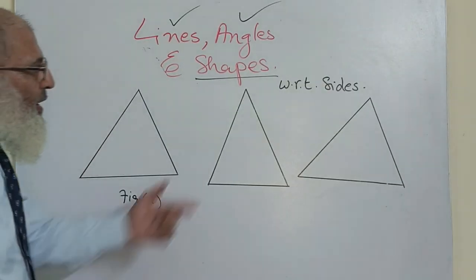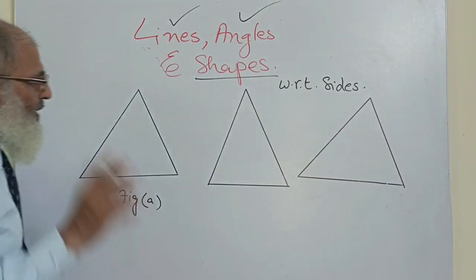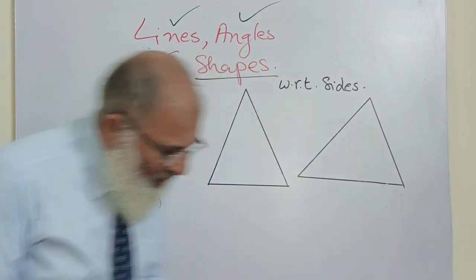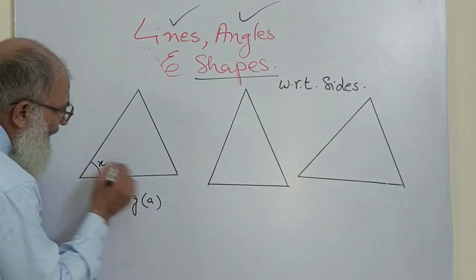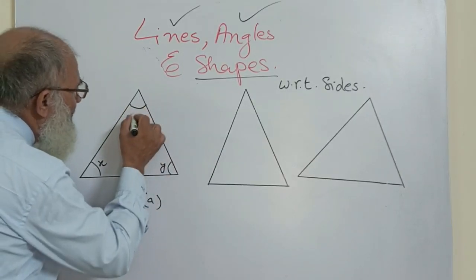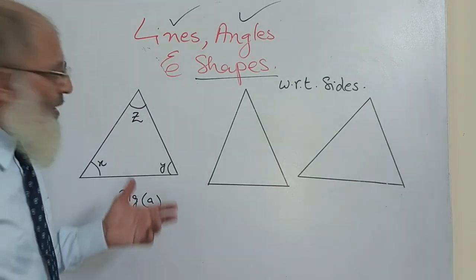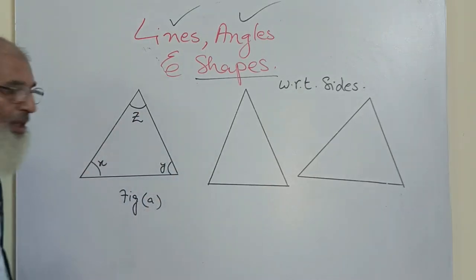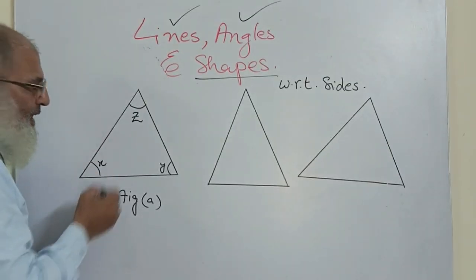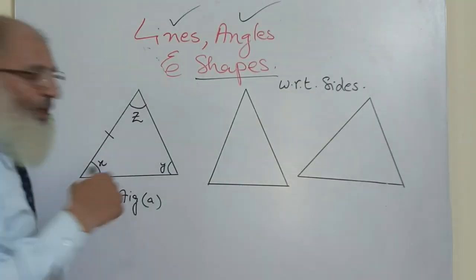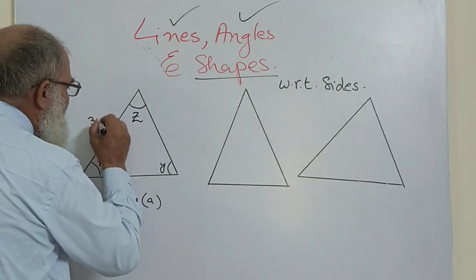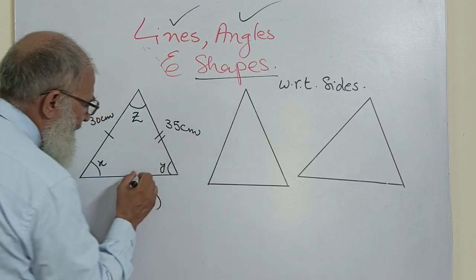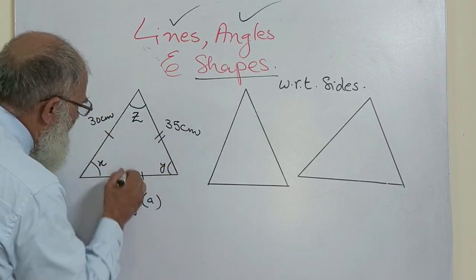Now in this triangle, if we are studying with respect to sides, let us consider that all the sides of the triangle, this is angle X, this is angle Y, and this is angle Z. With respect to their sides, figure A. Now in this triangle, let us say that this side is 30 centimeters, this side is 35 centimeters, and this side is 32 centimeters.